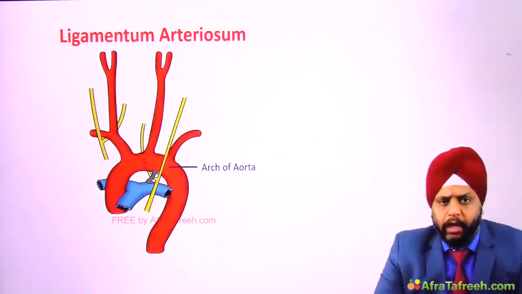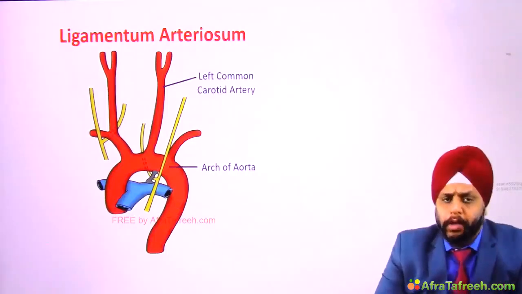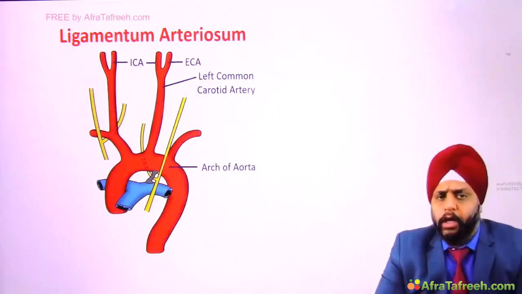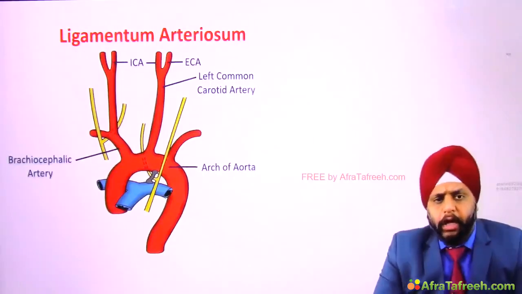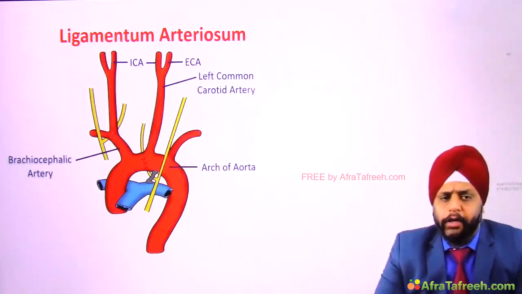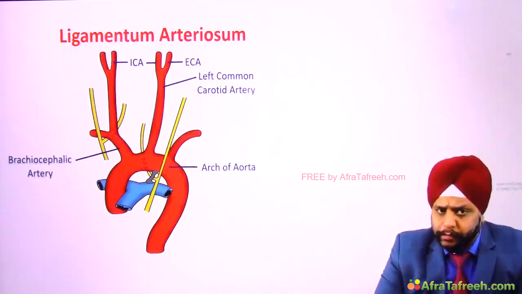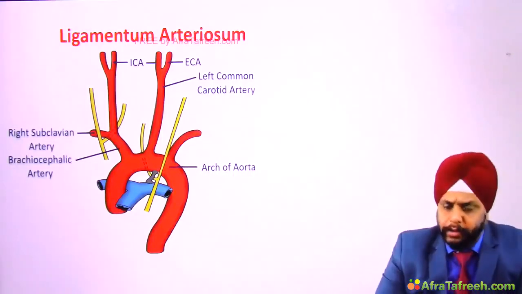Let's look at this diagram. We can see the arch of aorta, and the left common carotid, which gives rise to the external carotid artery and the internal carotid artery. On the right side, from the arch of aorta arises the brachiocephalic artery, and that gives rise to the right subclavian artery.